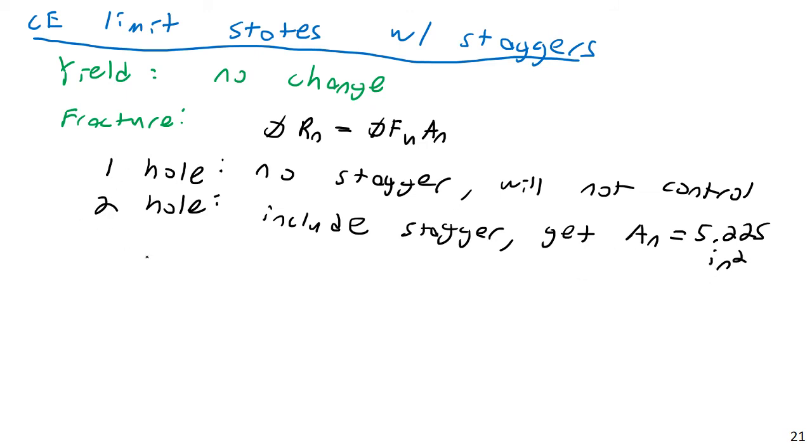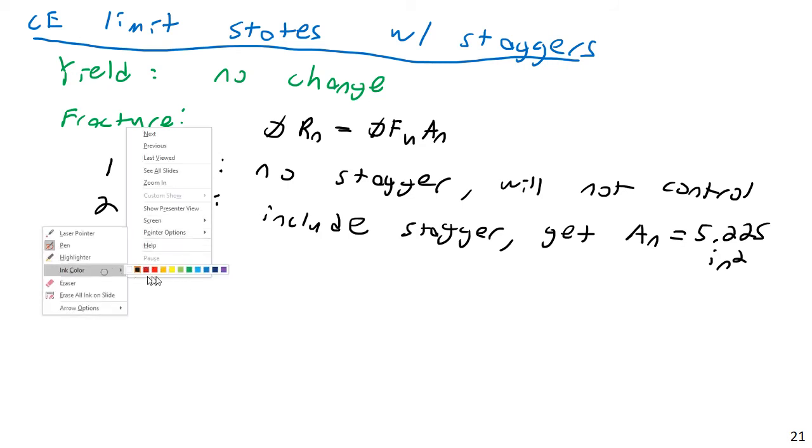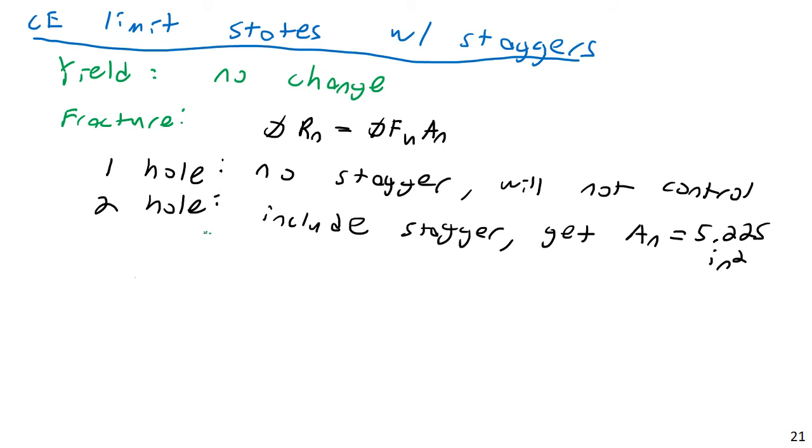And then we do have something that we don't have to worry about for just regular tension members. And that is that we do want to check the design limitation, or the geometry limitation, to check that AN is less than or equal to 0.85 times the gross area, AG.